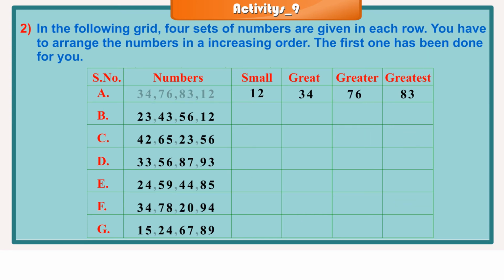In the following grid, 4 sets of numbers are given in each row. You have to arrange the numbers in increasing order. The first one has been done for you.